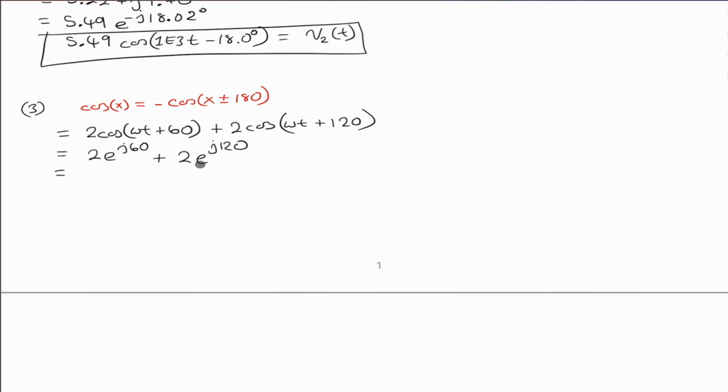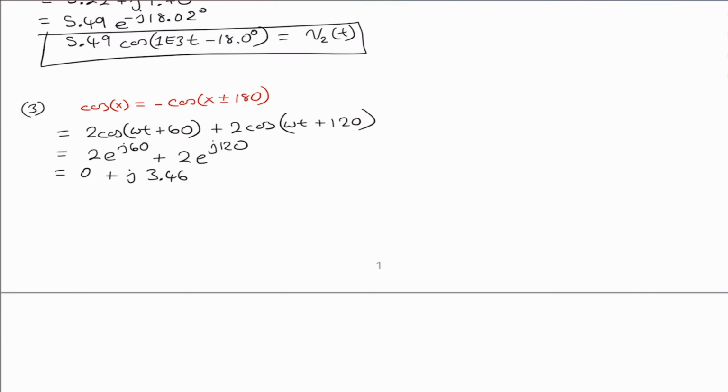So we can go ahead and add 2 cosine 60 plus 2 cosine 120. That gives us 0. And then we can go ahead and j times 2 times the sum of sine 60 plus sine 120 gives us 3. So that's j 3.4641.